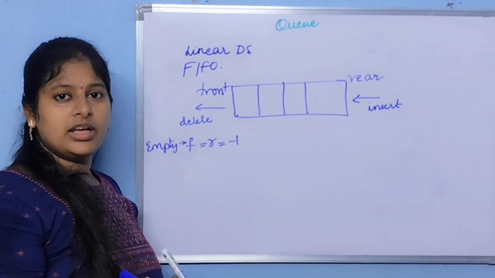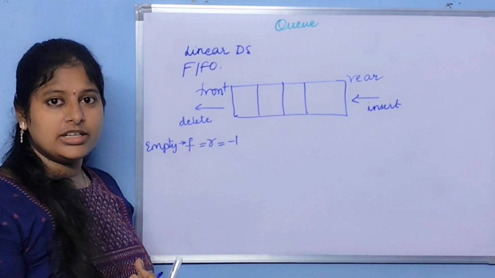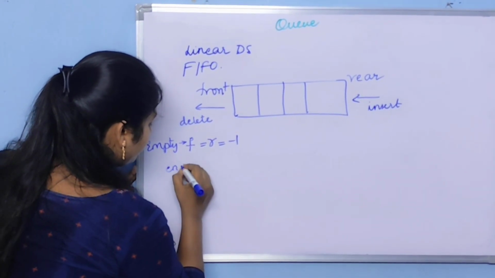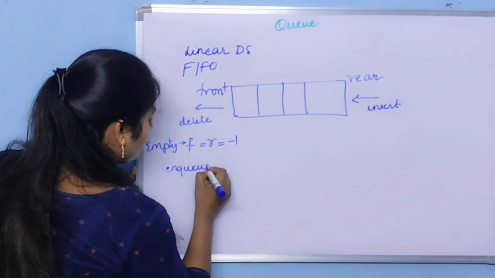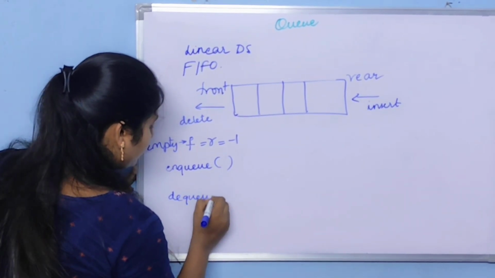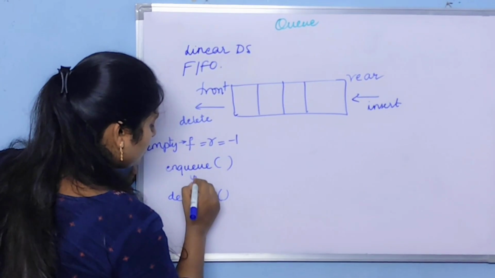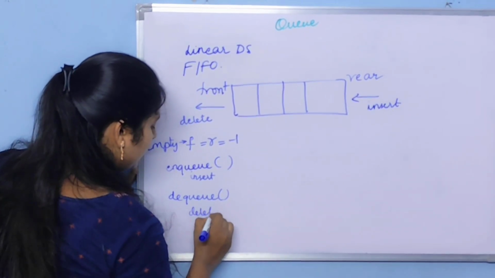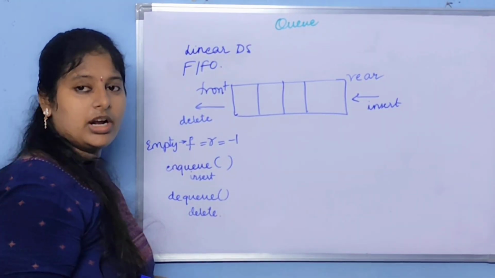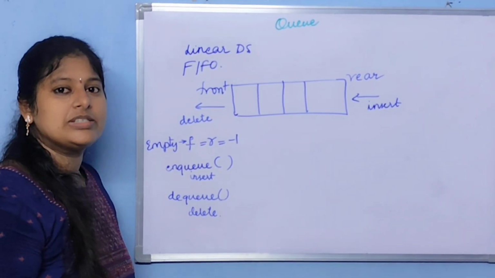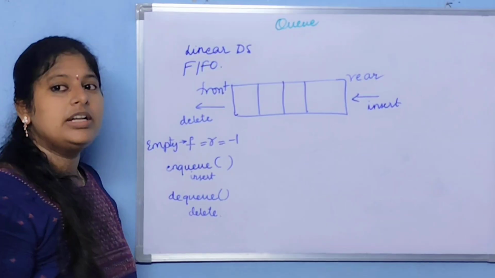Now here in the queue concept, you will call the terminology Enqueue and Dequeue. Enqueue means insert, Dequeue means delete. So there are two operations you can perform mainly on queues. First one is Enqueue and second one is Dequeue.